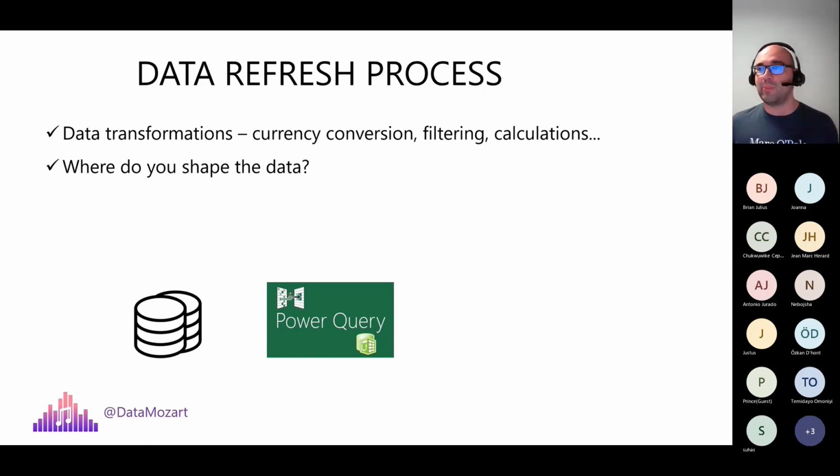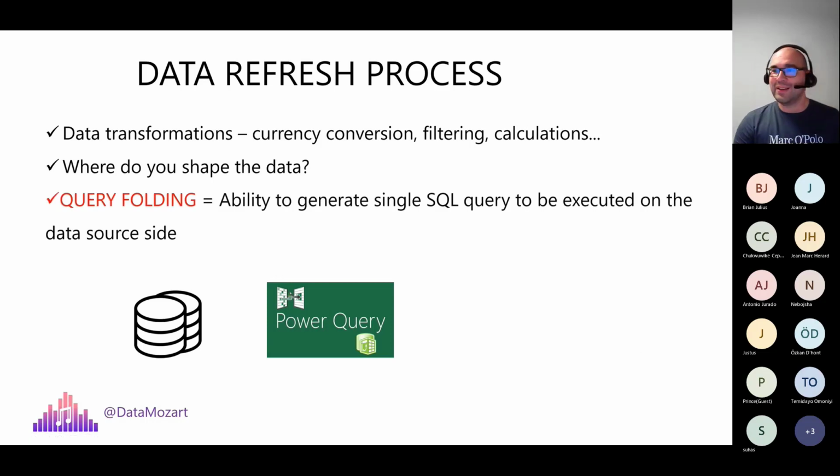And that ability of Power Query's engine to create one single SQL statement, combining all the M statements behind your transformation, is what we call query folding. Or let's try to make it simple. If the mashup engine is able to generate a single SQL query that is going to be pushed and executed on the data source side, we say that the query folds.